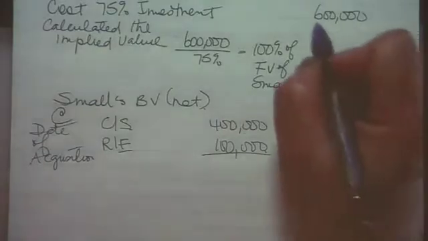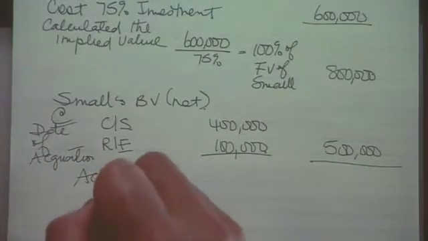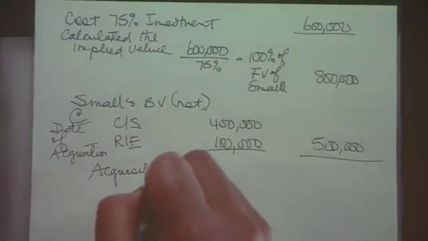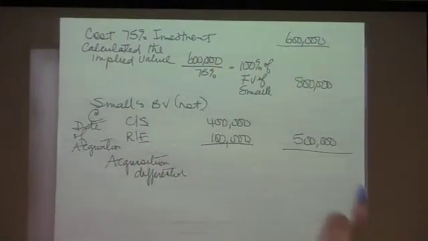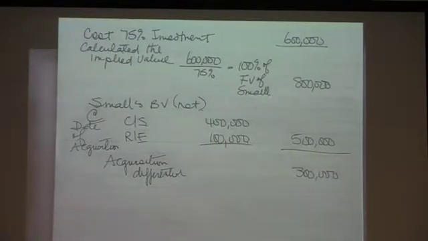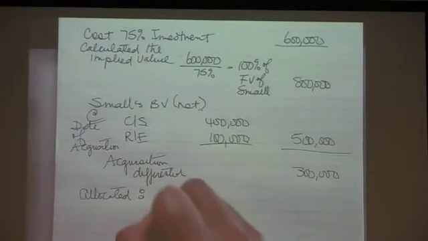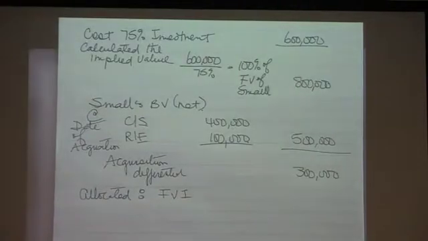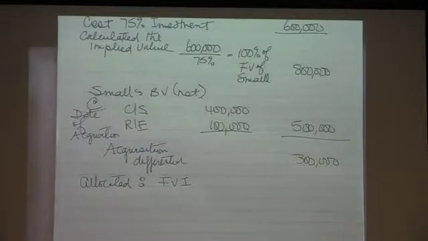That means we have an acquisition differential of 300,000. Now we need to allocate this acquisition differential to any fair value increments, FVI.